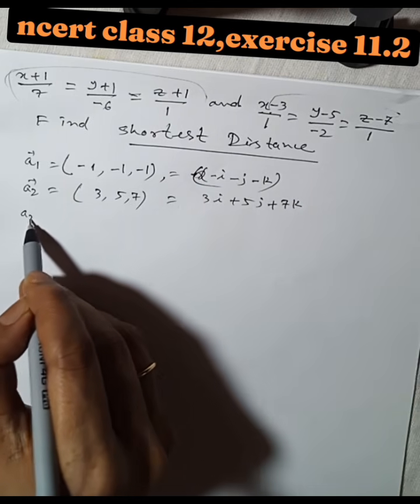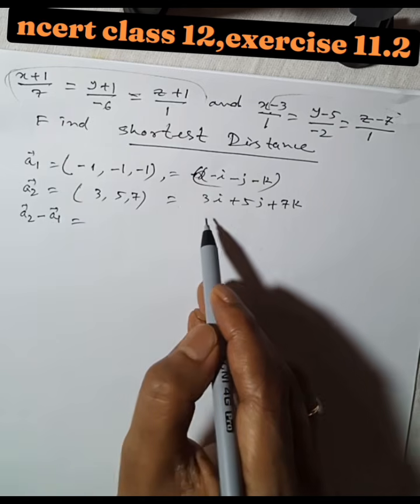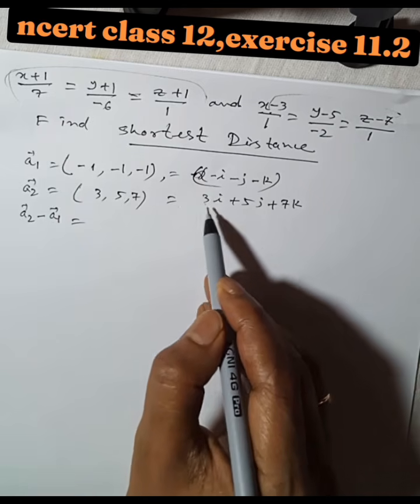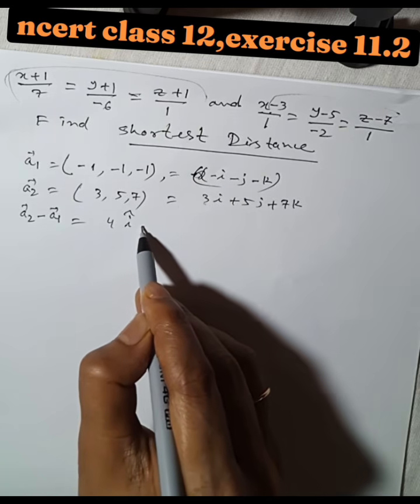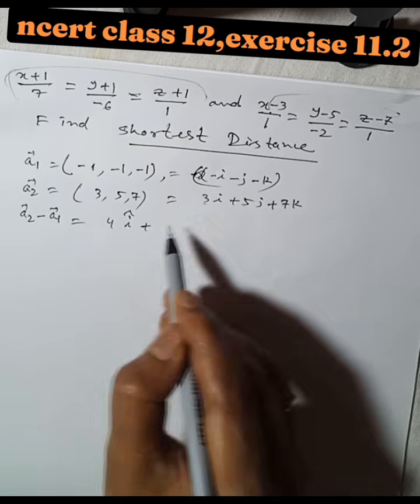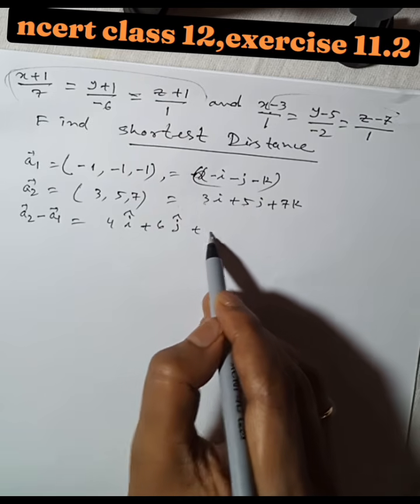Now a2 minus a1 is (3 + 1) = 4i plus (5 + 1) = 6j plus 8k.